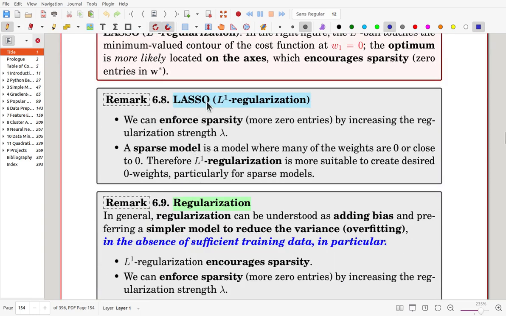With LASSO, L1 regularization, we can enforce sparsity by increasing the regularization strength lambda. A sparse model is a model where many of the weights are 0 or close to 0. Therefore, L1 regularization is more suitable to create desired 0 weights, particularly for sparse models.